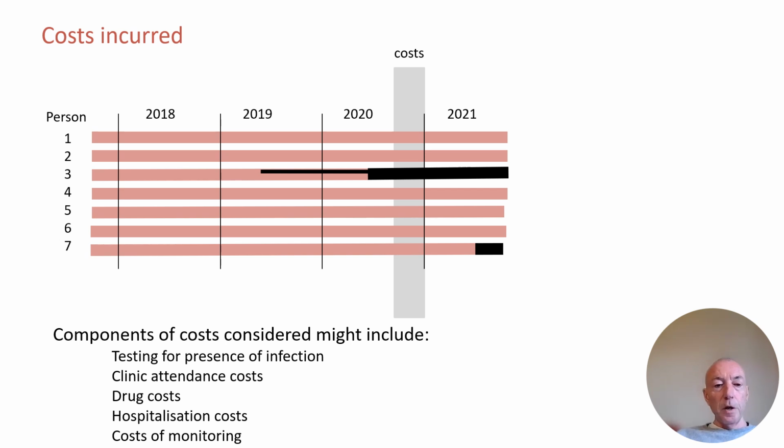So the costs incurred at any point in time, the components might include, for example, testing for presence of infection, clinic attendance costs, which would involve working out what it takes to be able to lay on clinics, taking into account equipment, infrastructure, buildings, administration, etc. Drug costs, hospitalization costs, costs of monitoring, for example.